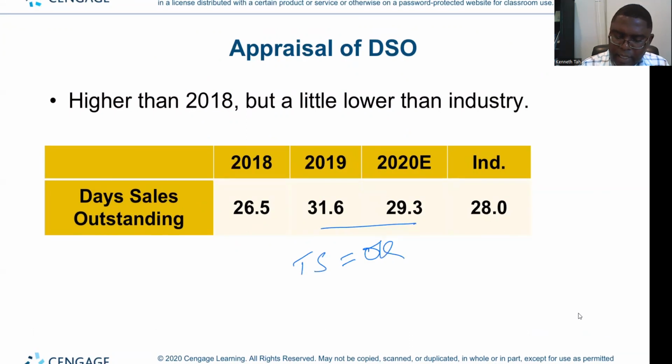So it is taking fewer days for the company to collect its receivables. But as far as cross-sectional analysis is concerned, it shows that the company is doing poorly. The industry is collecting its receivables in 28 days, whereas this company is collecting its receivables in 29.3 days.